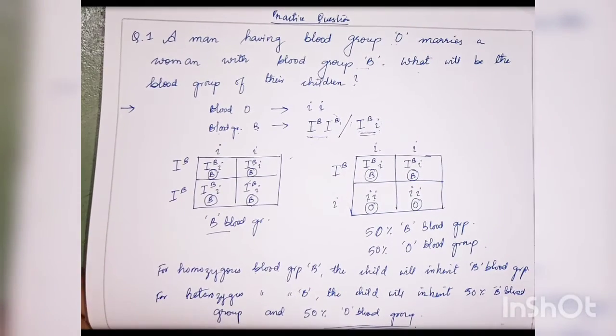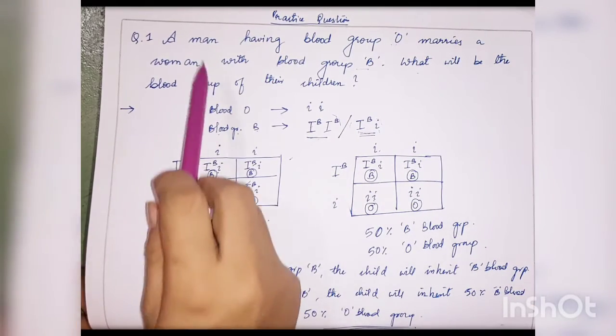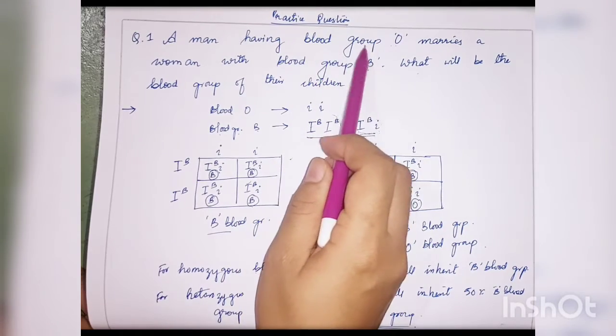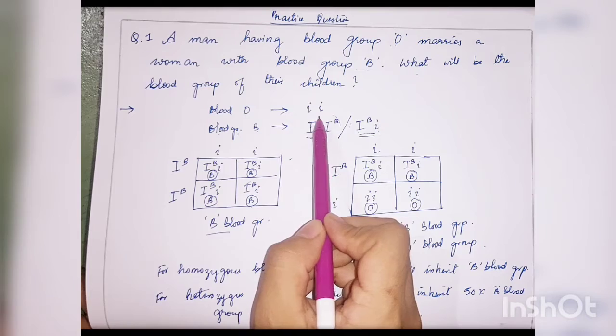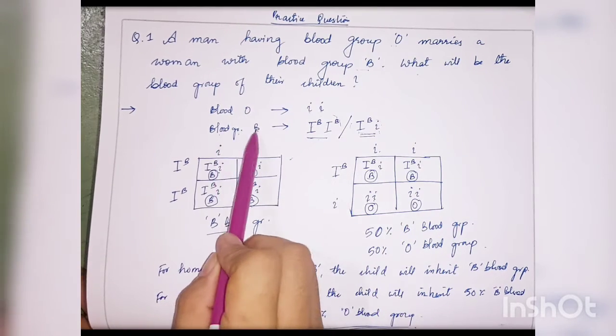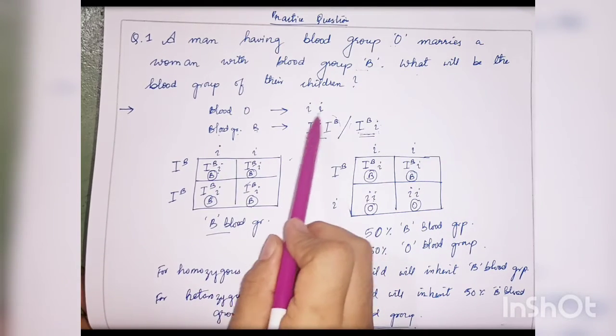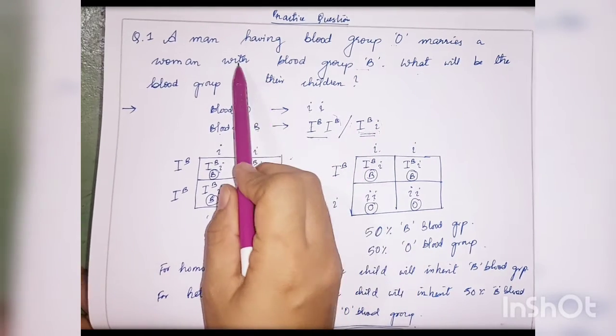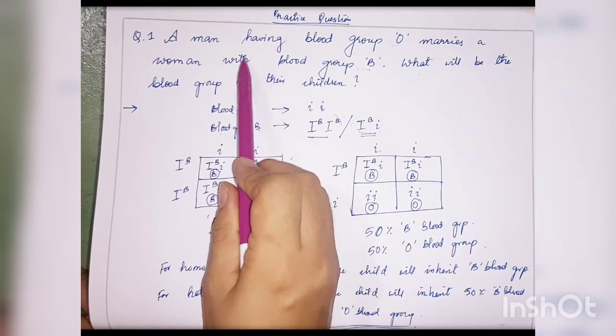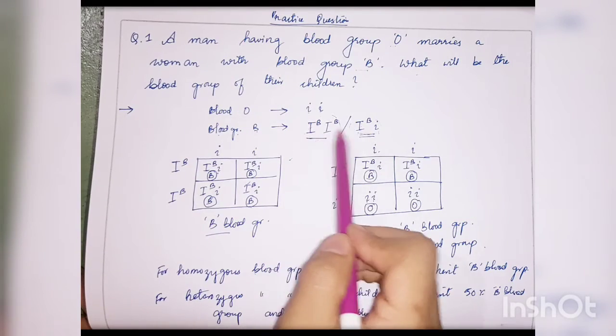Clear? Let me just revise once again. A man having blood group O has only the small i allele, which is recessive. For blood group B, it can be either homozygous IB IB or heterozygous IB i. Since there is no mention of homozygous or heterozygous, we are going to see the cross for both.